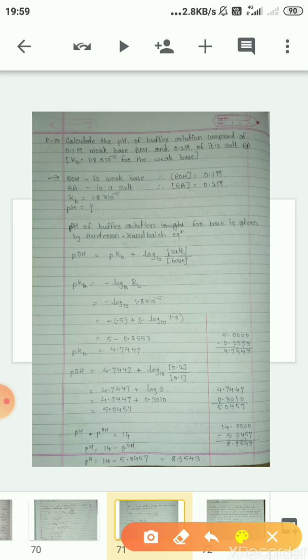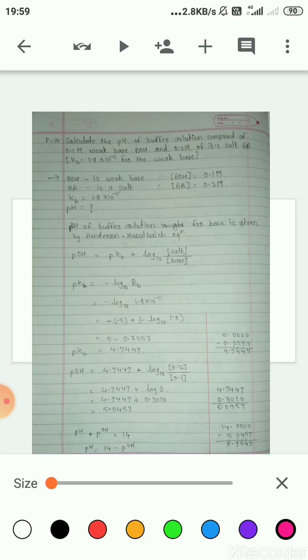We have to calculate pH, therefore we have written a question mark in front of pH. Now we have to use the Henderson-Hasselbalch equation. First we are going to calculate the pOH, and after using the relation between the pH and pOH, we can calculate the pH of solution.